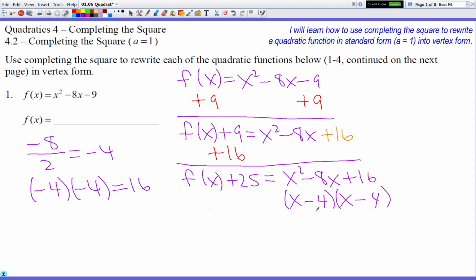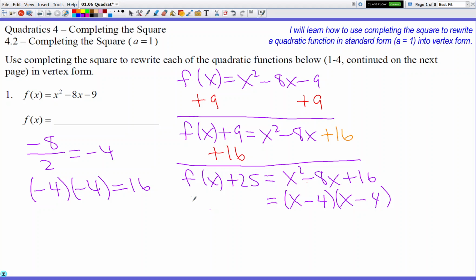And if you don't get the exact same parentheses twice, you must have done something wrong, because that's how the complete the square process works. If you get that correct number standing right next to that 8x, when you factor it, it's going to be the exact same parentheses twice. If you don't get that happening, then you messed up somewhere.